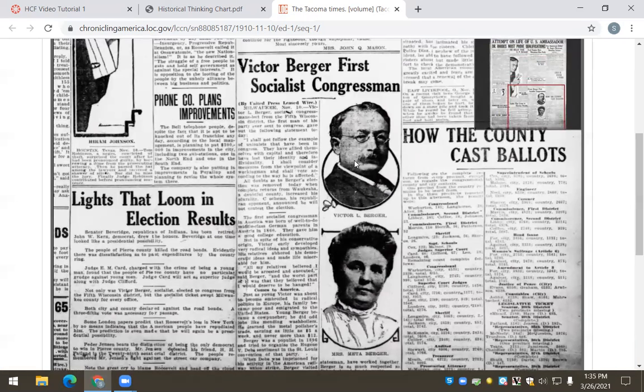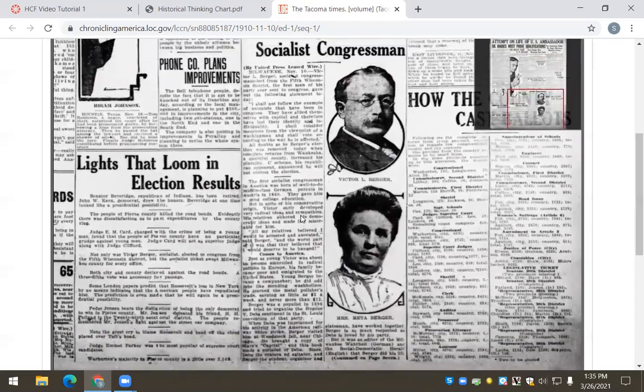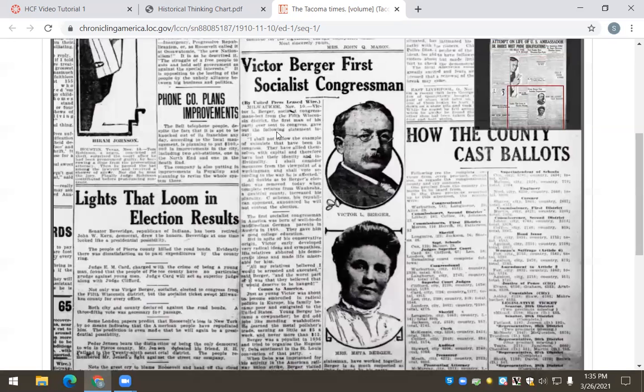So in order to get that, we have to do a little bit of reading of this part of the newspaper. So we see it announces that he is the first socialist congressman. It goes in to give specific details of a statement from him. It even goes in to say that people had doubts about Berger's election.